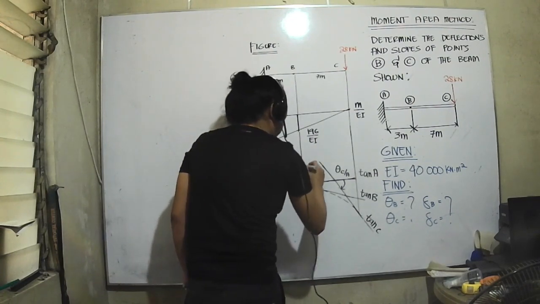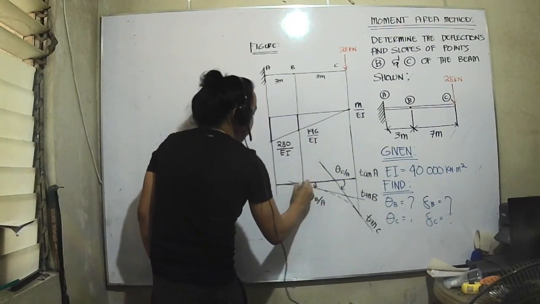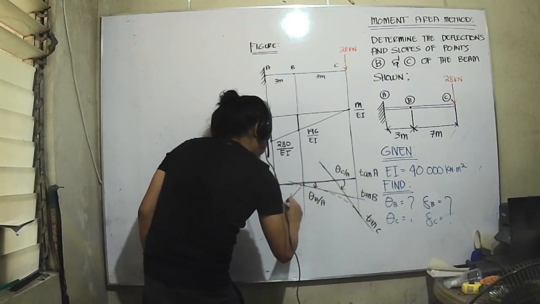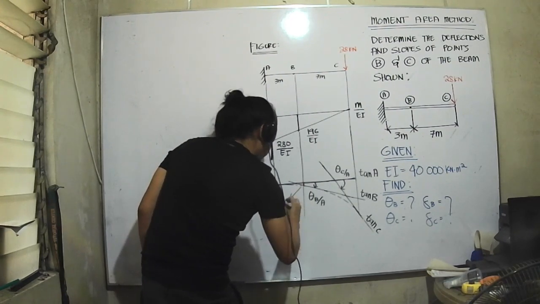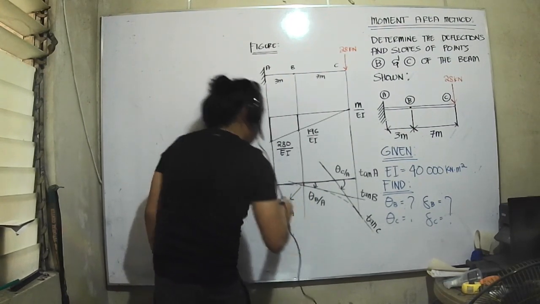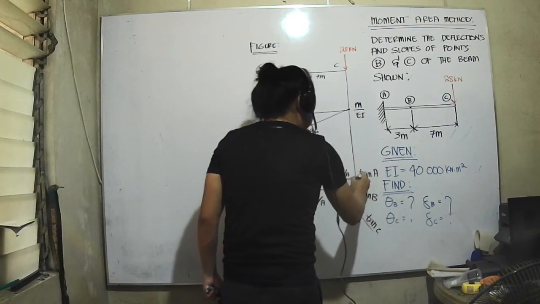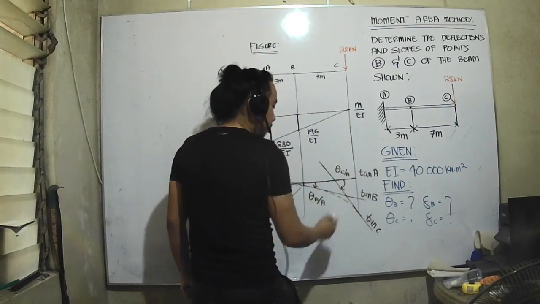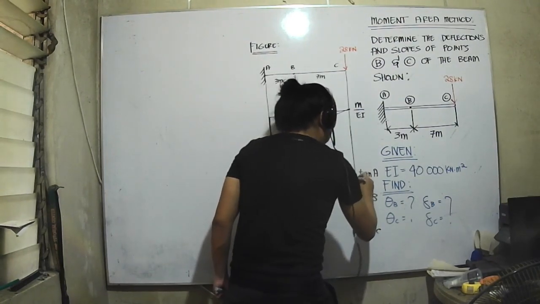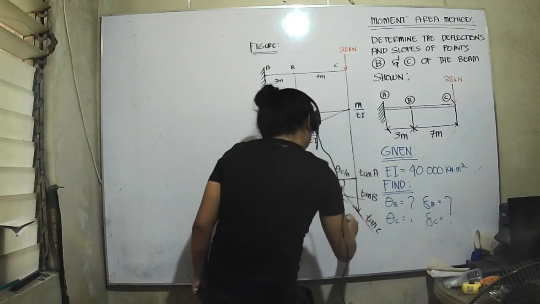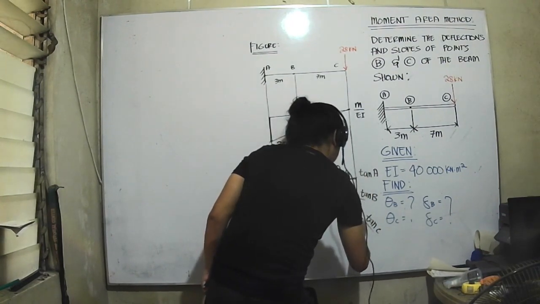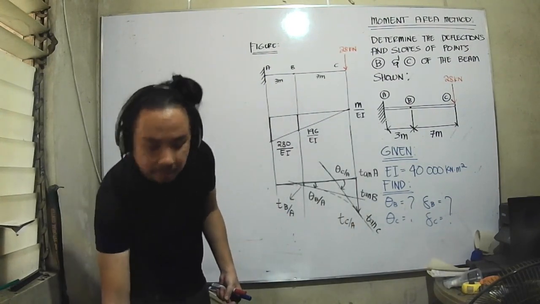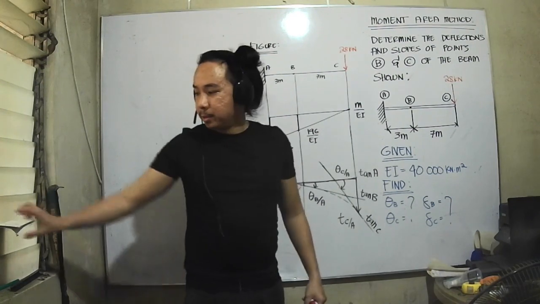So, from B to A going down, that should be our TBA, okay? The vertical tangential deviation from tangent A to tangent C is our TCA, okay? These are our tangential deviations in this problem.